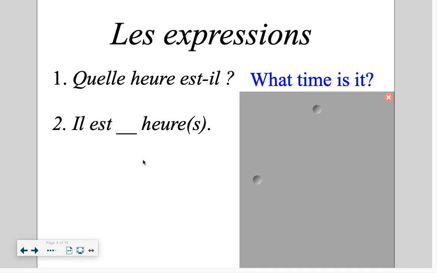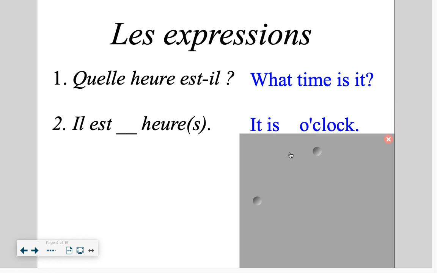And as you can guess, this is the answer to this question. Il est blank heure. It is blank o'clock. So, répétez s'il vous plaît. Il est, and then we would add the time there, heure.